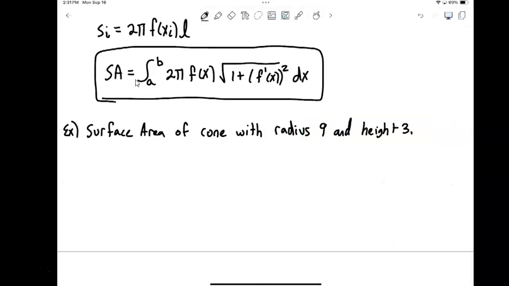So we can actually model that as a straight line that's been revolved about the x-axis.